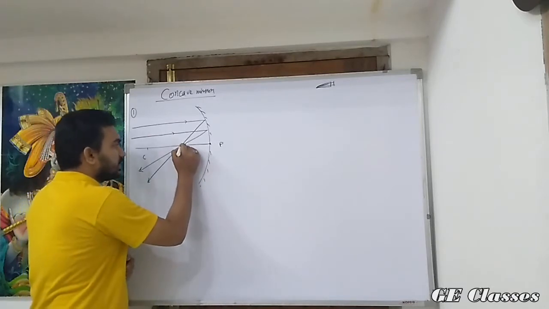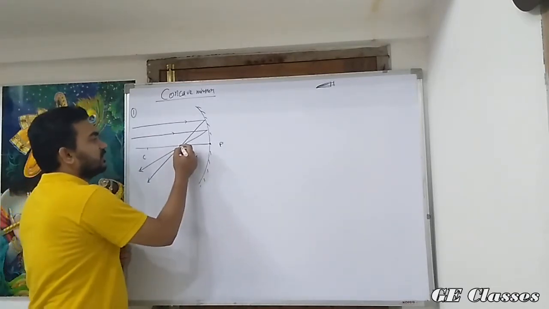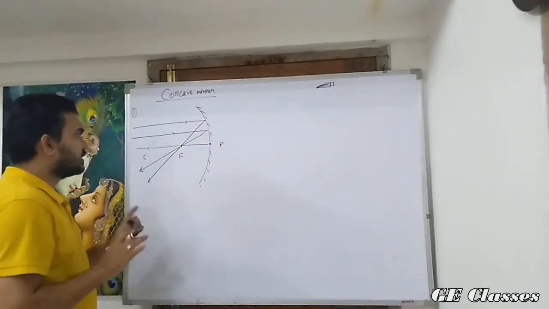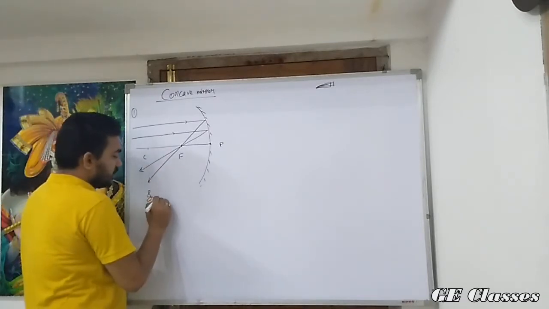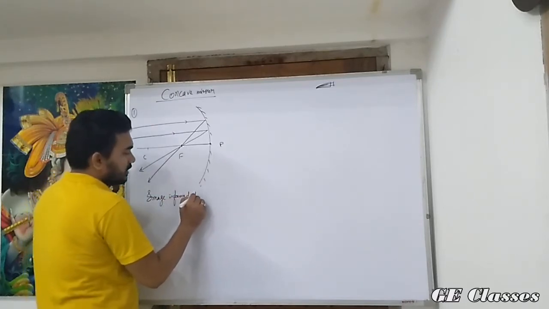They intersect at this point F, and the point where two rays after reflection intersect is the point of the image. So the image is formed at F.